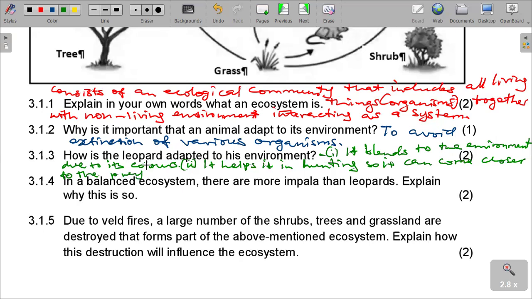You understand? It actually has the coloring that makes it come closer to its prey. And then the leopard is adapted to run fast over a short distance in order for it to catch its prey. It can run fast over a short distance to catch its prey.